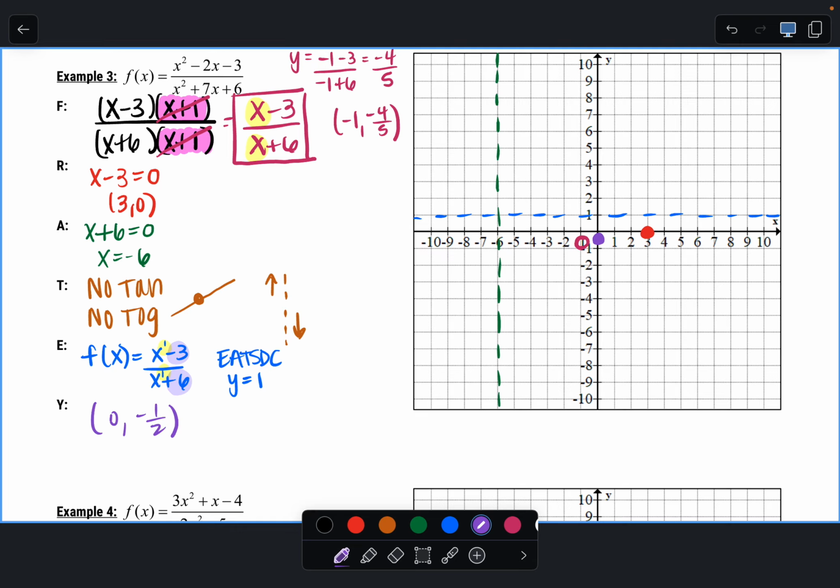Left-hand side, I think, is easier. Should it go in the top or should it go in the bottom? Top, good. So it's going to go in the top because we do not have any curves or any x-intercepts whatsoever. So it has to go where it's not going to break any rules. If it was in the bottom section, it would be crossing where you don't have an x-intercept.